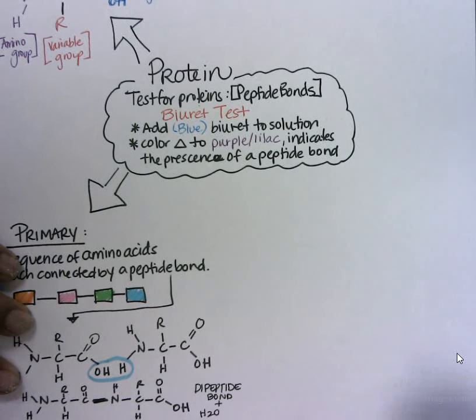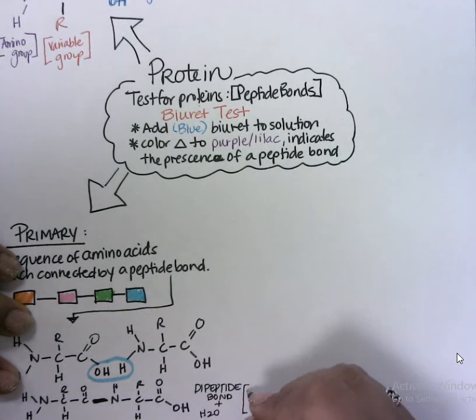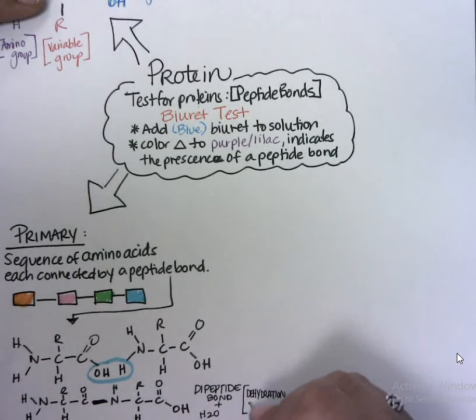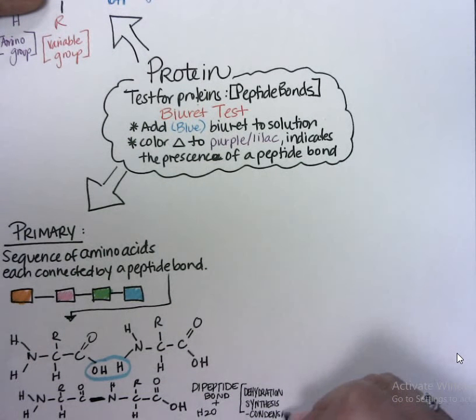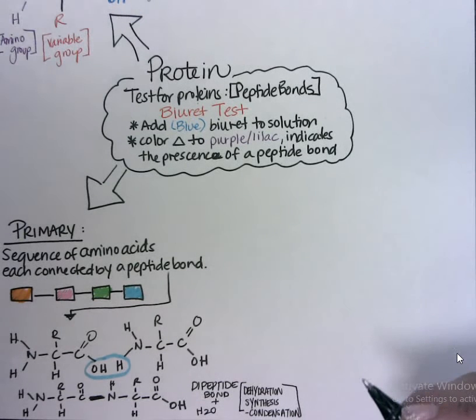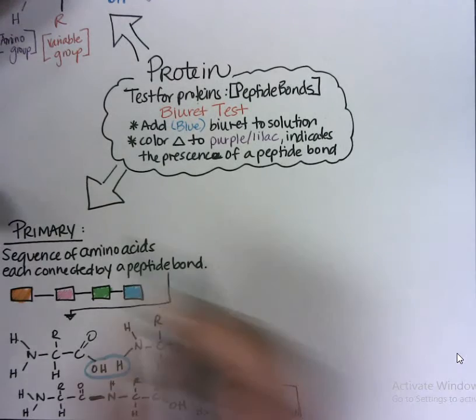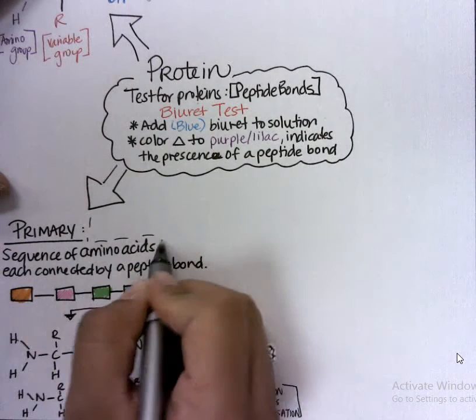So what you're doing again is you're eliminating water, so it's dehydration synthesis, or they refer to it as condensation. Okay, so that's going to give you just the first primary structure of proteins.